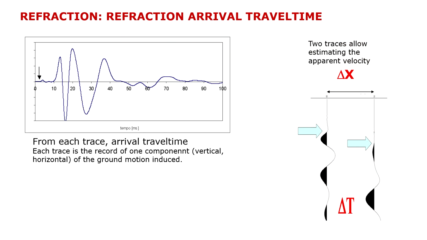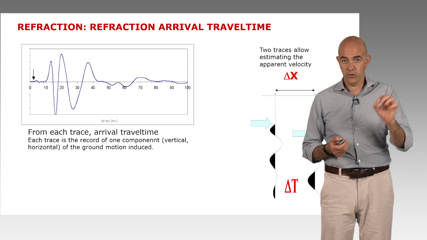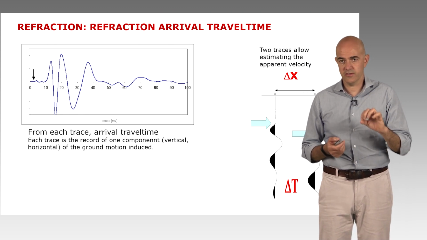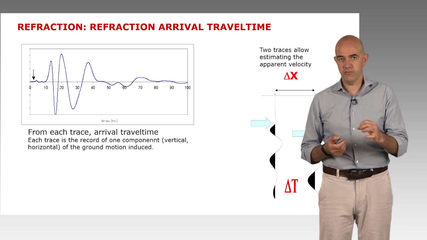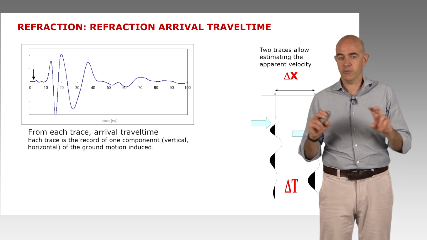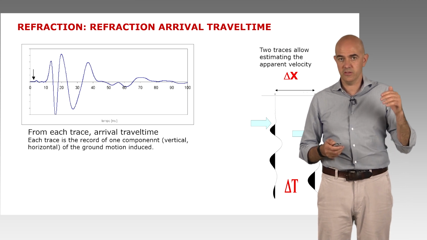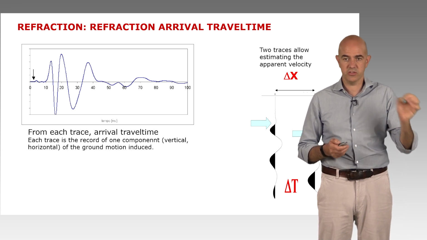Refraction seismic is probably the most used technique for shallow applications, essentially because it's easy to deploy. On seismic traces, we look for the first arrival travel time. So we try to identify on each trace at what time the first coherent source-generated energy arrives. And the shortest seismic path is typically the refracted path between the source and the receiver.